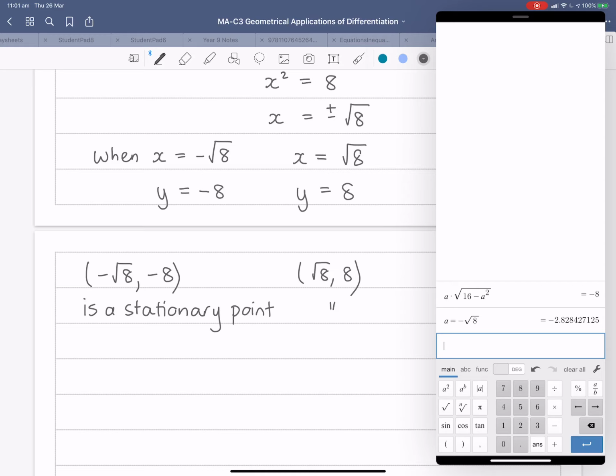So the first derivative, and I'm going to do the first derivative in terms of b.